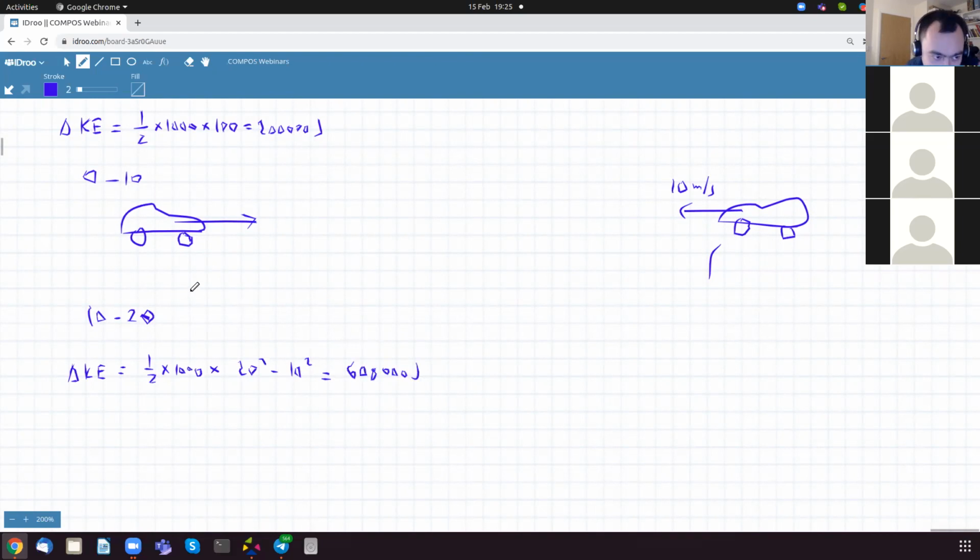So from the point of view of a person standing on the ground, the car has changed kinetic energy by one amount. But from the point of view of the person sitting in the other car, the car has changed by a different amount.